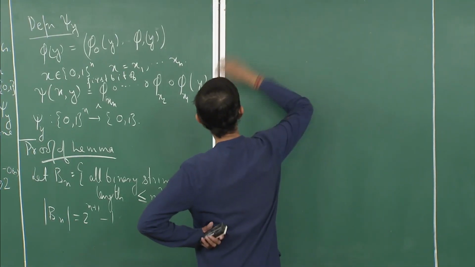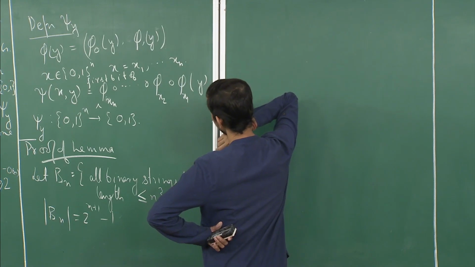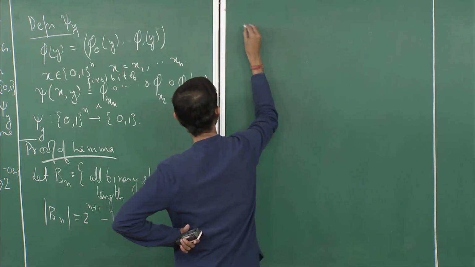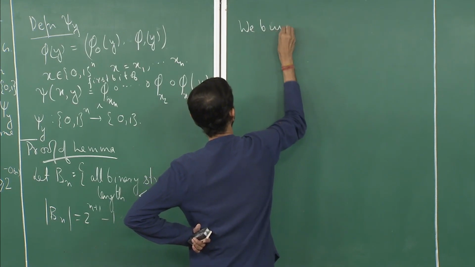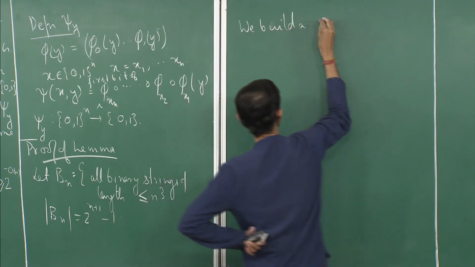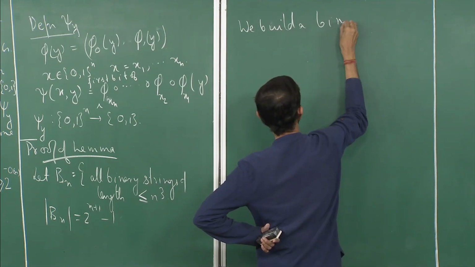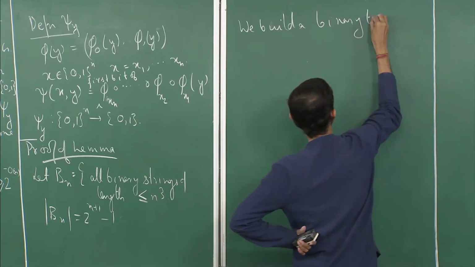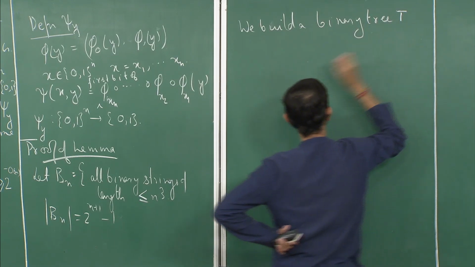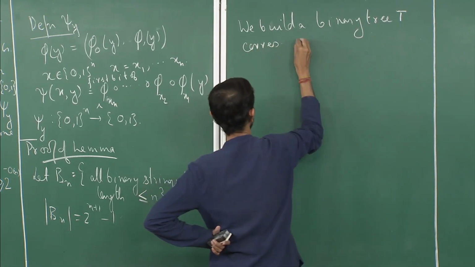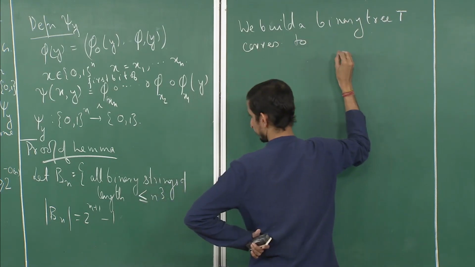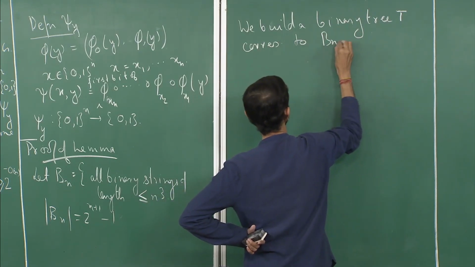How do we define it? We build a binary tree T corresponding to B n.